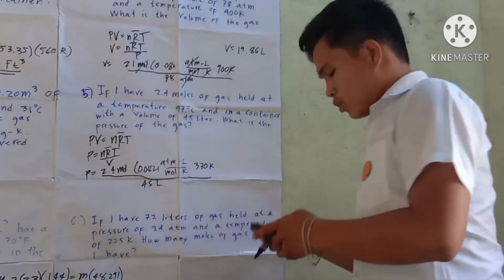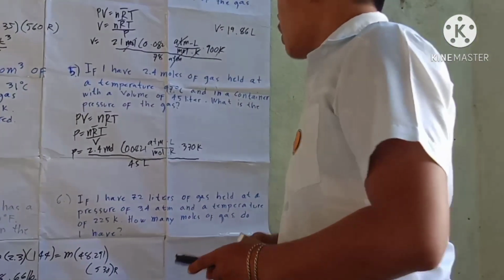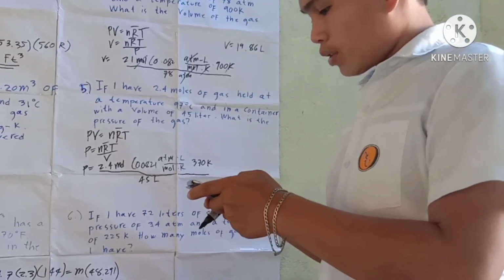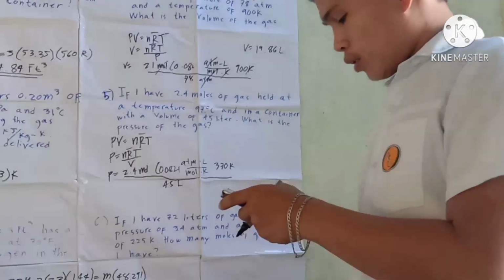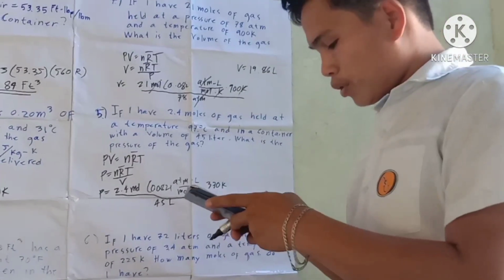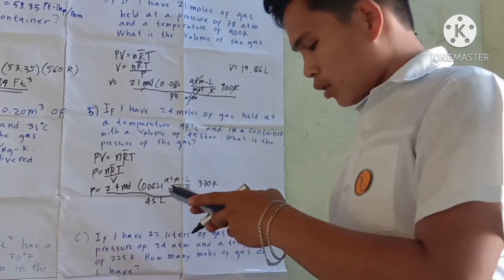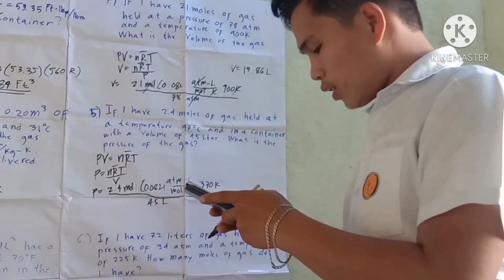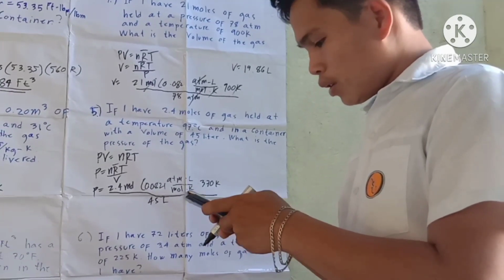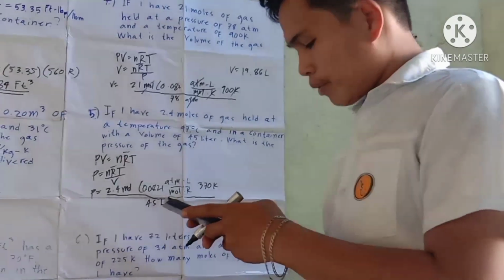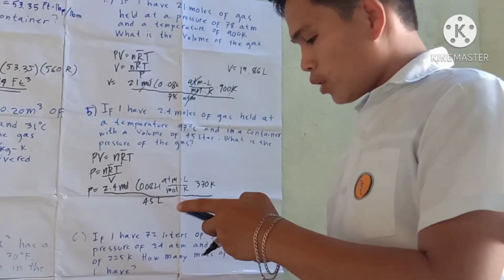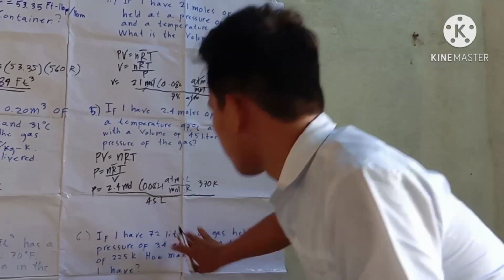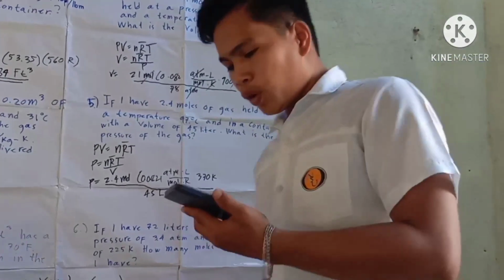So we need to shift solve in order to get the pressure of the gas: 2.4 times 0.0821 times 370 over 45. So the pressure of the gas is 1.62.